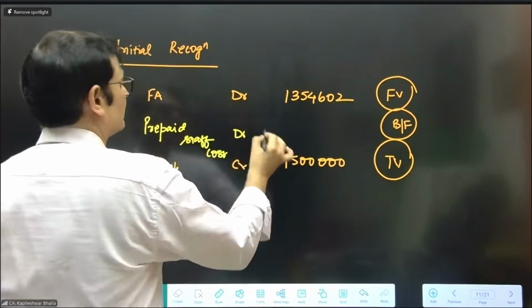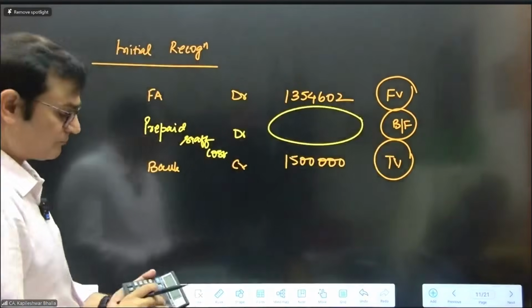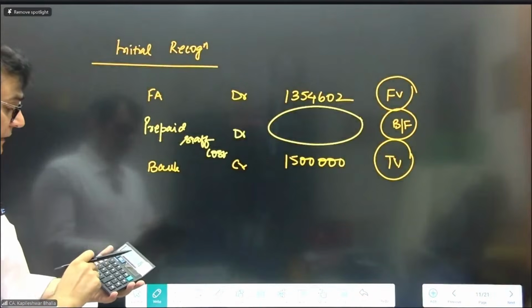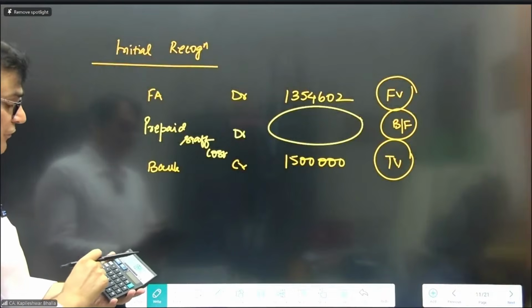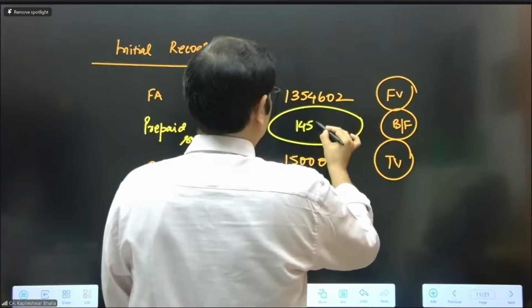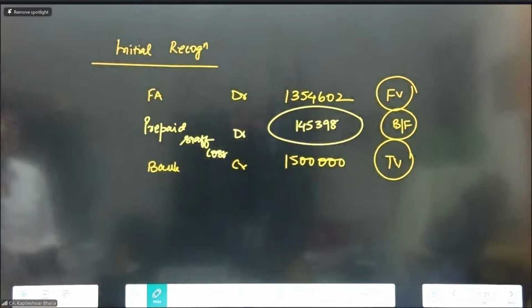So we get the balancing figure, the prepaid staff cost. This is 15 lakhs minus 13,54,602, which is 1,45,398.